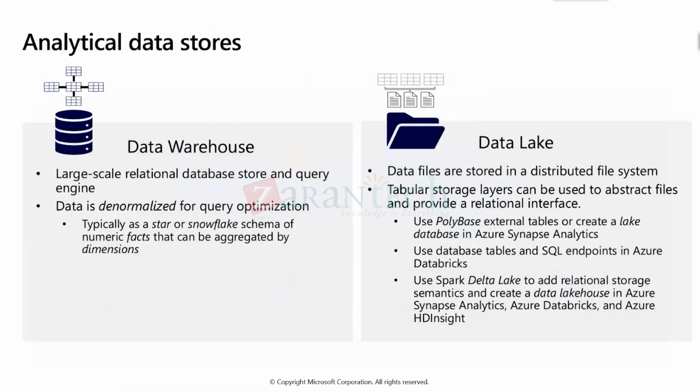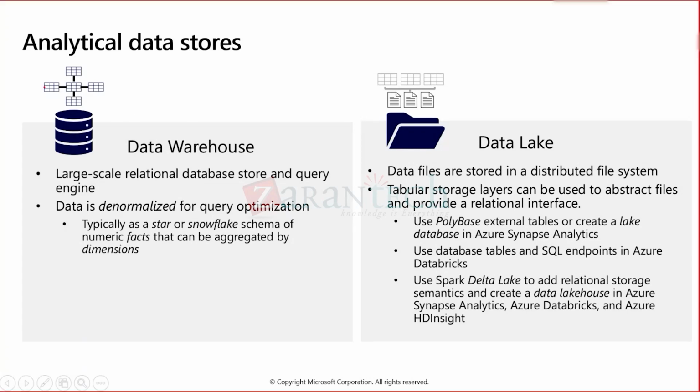And you have two types of analytical data stores. Number one, which is very popular, is the old data warehouse. A data warehouse is a relational database in which your data is stored in a schema that is optimized for data analytics rather than transactional workloads.